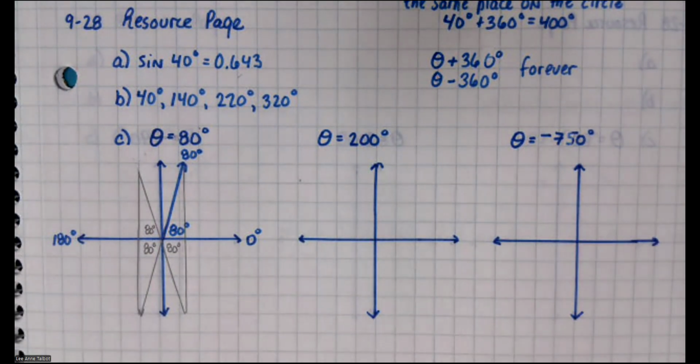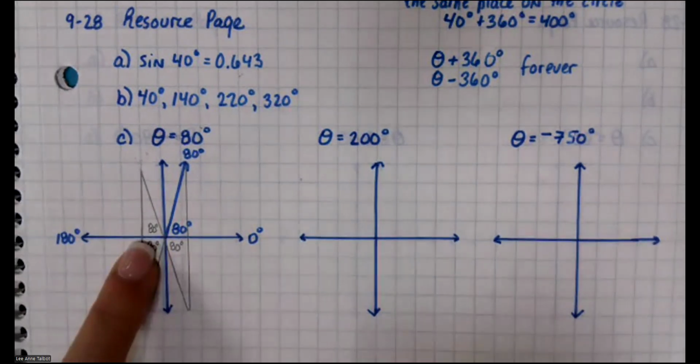Okay, so we have two goals. We're going to find the other three angles in the other three quadrants, and then we're going to find an angle that's coterminal to 80. Second quadrant.